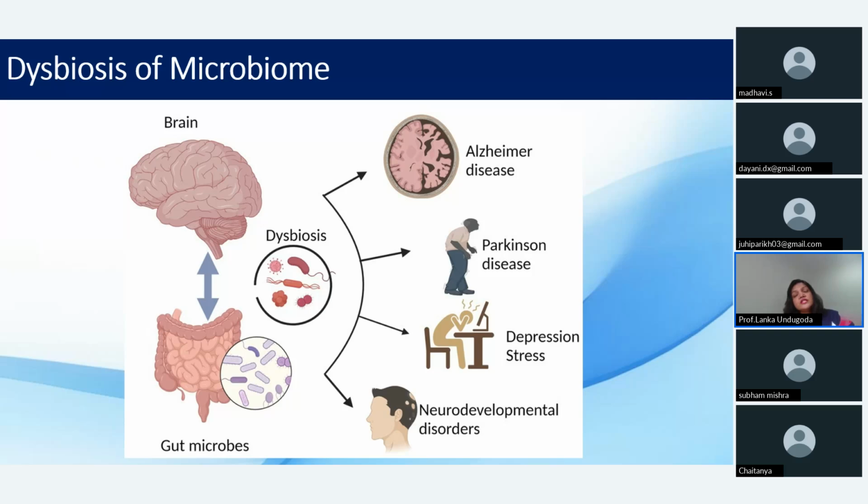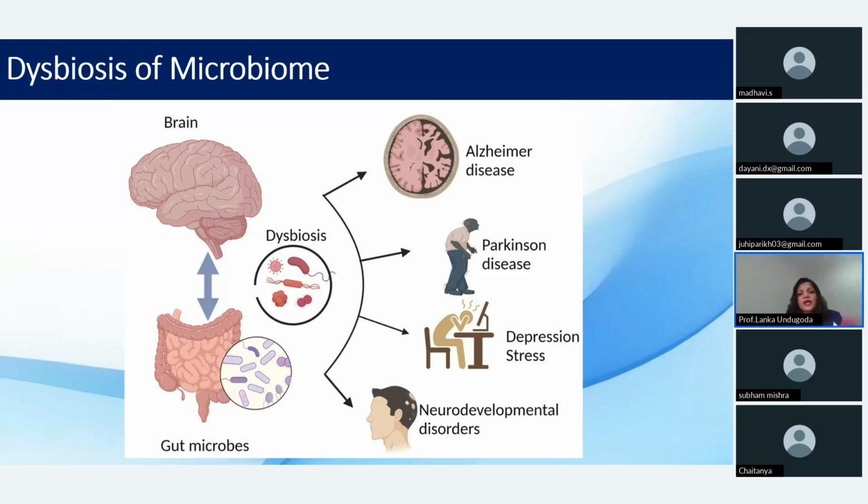When it comes to dysbiosis, that means you don't have a balanced microbiome. There are so many pathogens, that means bad microorganisms are there. As a result of that, you don't have enough good microorganisms in your gut. So there are some challenges for them to make serotonin and all the neurotransmitters and metabolize them in your body.